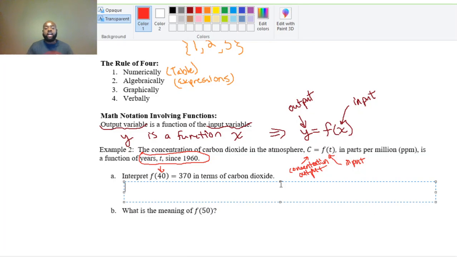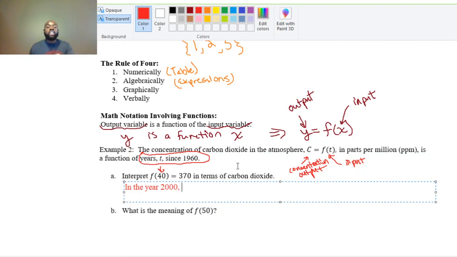1960 plus 40 is 2000. So I'm going to say in the year 2000, or you can just say in 2000, my output is 370, and my output is the variable C, which is given here. It's in parts per million, but it represents the concentration of carbon dioxide in the atmosphere, right?